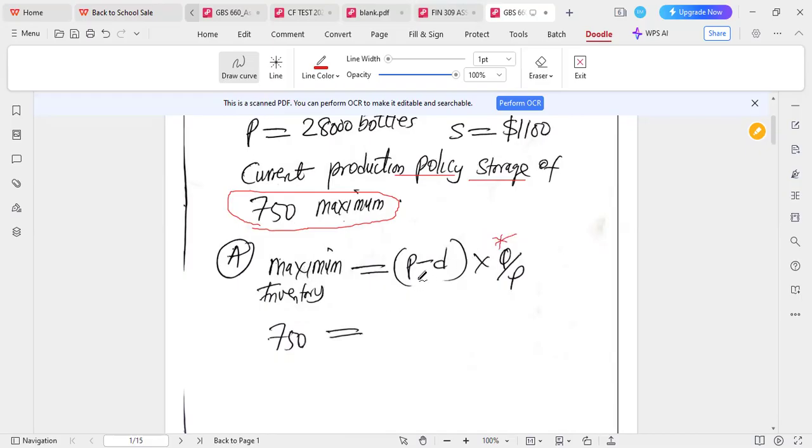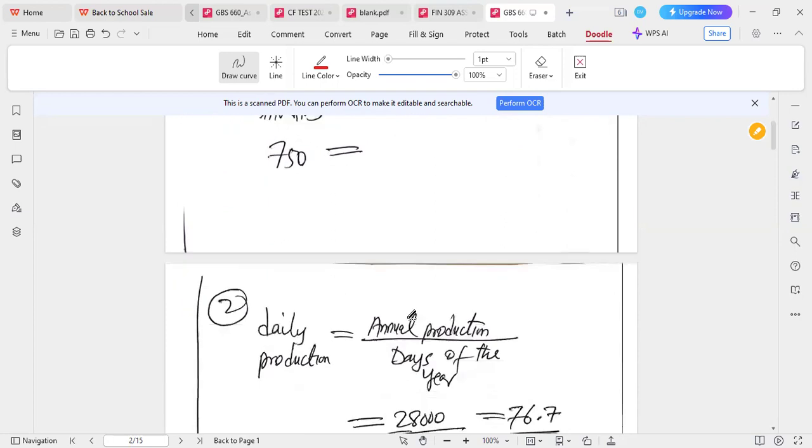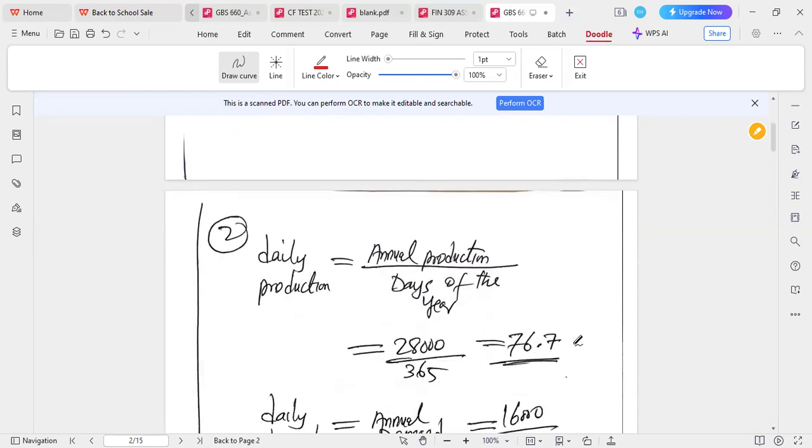P minus D, this is the daily production minus daily demand, multiplied by Q over P. Q is the economic lot size or production size. So we need to find the daily production, which is annual production over days of the year, which is 76.7 bottles.